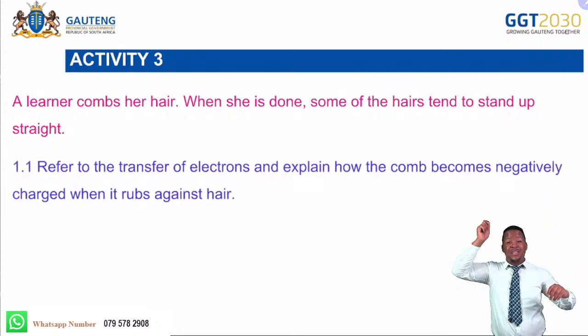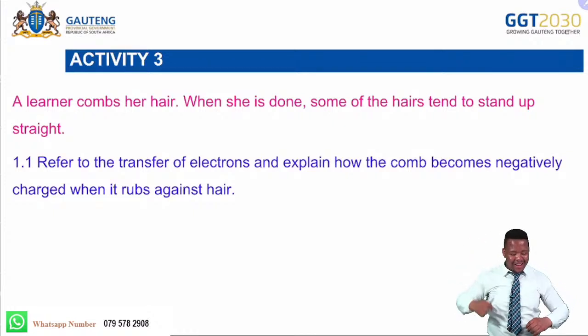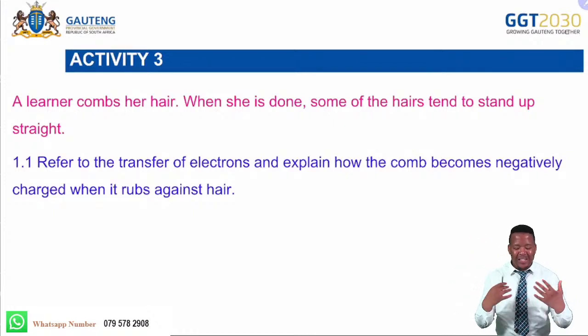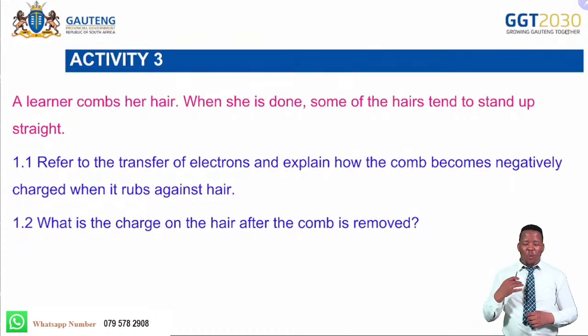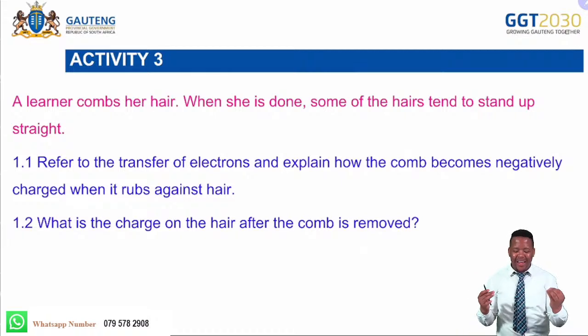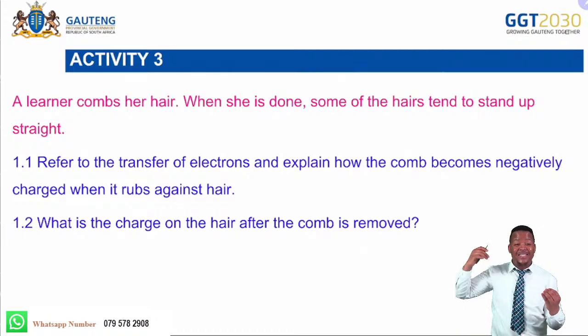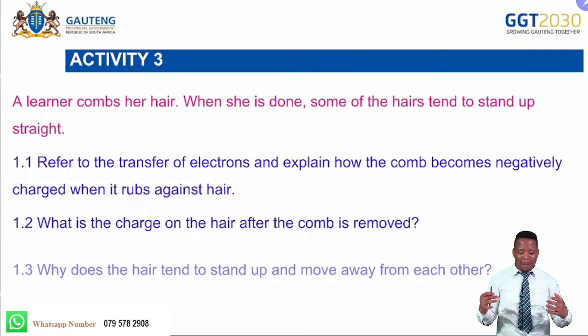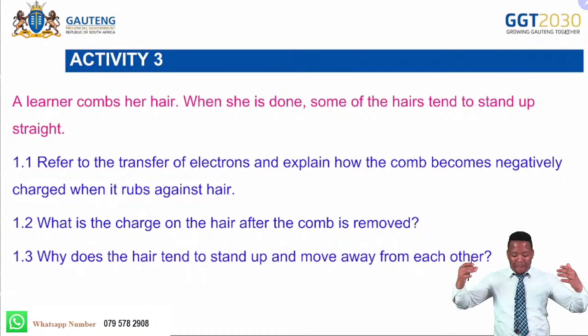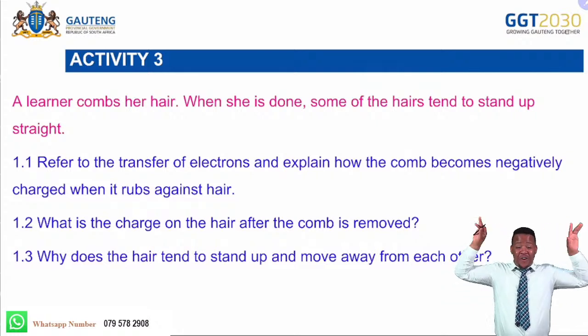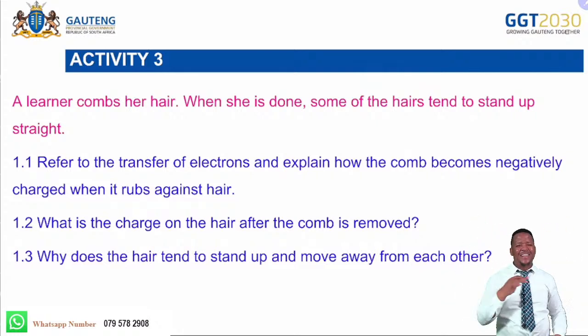Referring to the transfer of electrons: 1.1, explain how the comb becomes negatively charged when it rubs against the hair. 1.2, what is the charge on the hair after the comb is removed? And 1.3, why does the hair tend to stand up and move away from each other? Let's try to answer that one.